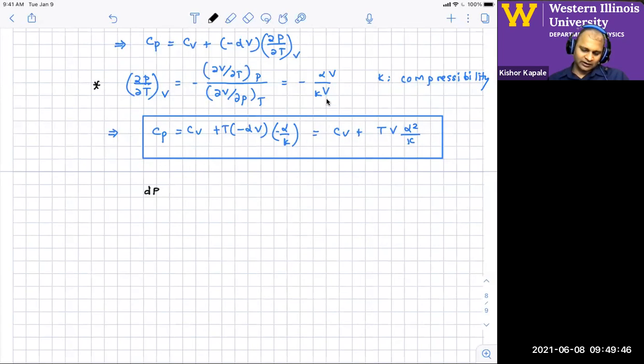So derivative of P with respect to T would be equal to, let's say we are writing it as dV with respect to dT divided by dV with respect to dP, and that would look like, right, it's just basically a ratio. dV over dT times dP over dV would be dP over dT, right? Everybody with me? Okay, this is with total derivatives.